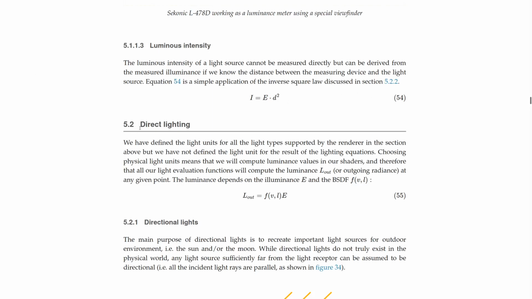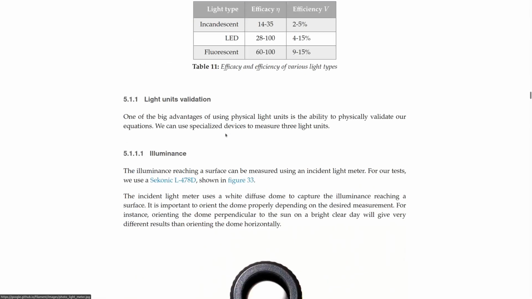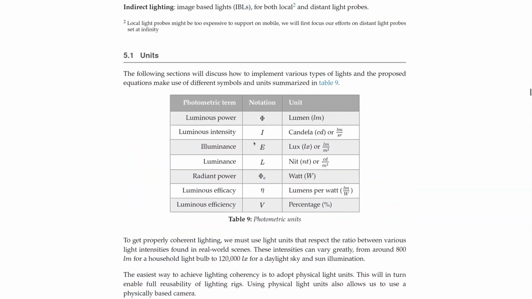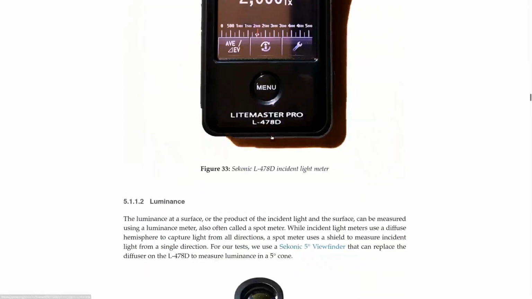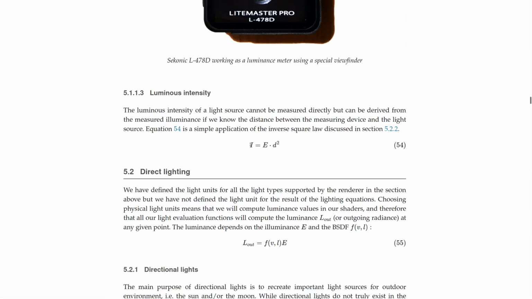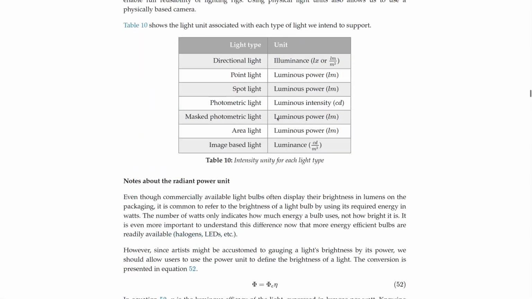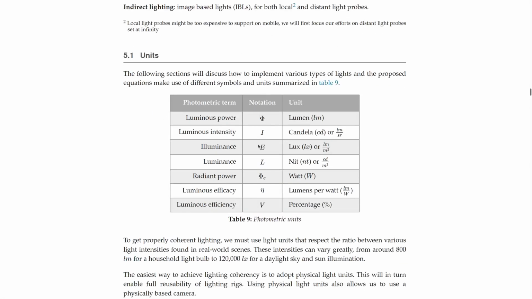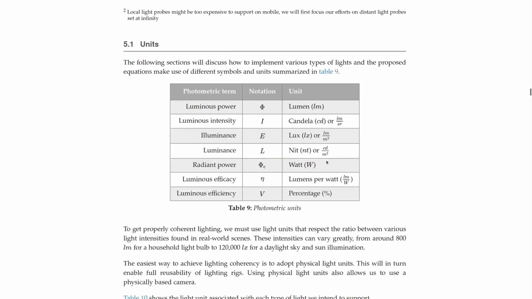Where I is what? I is the luminous intensity, so that's per angle. Okay, yeah, that makes sense then. And that's E, illuminance. Okay, yeah, that makes sense.